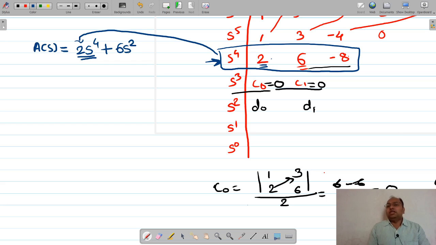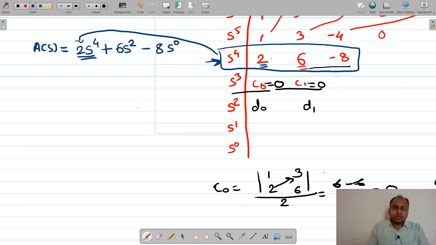So 6 will be multiplied with s square and minus 8 s raised to 0. So we can remember that if this particular row is having s raised to 4, you can use even powers only. If the power is odd, then you can use the odd powers series.